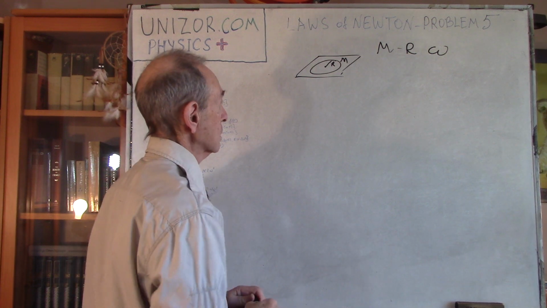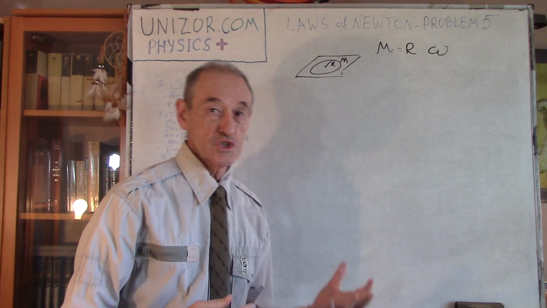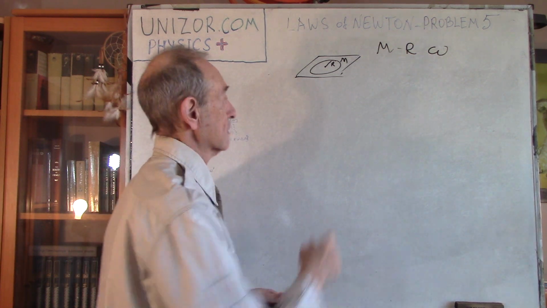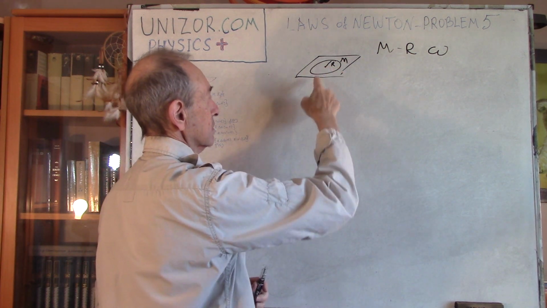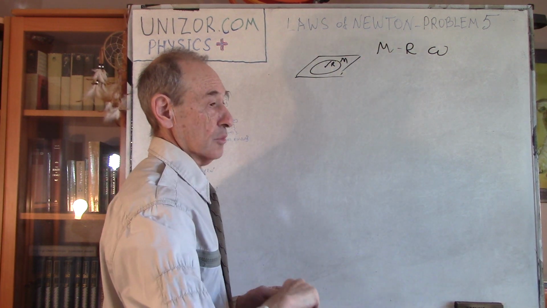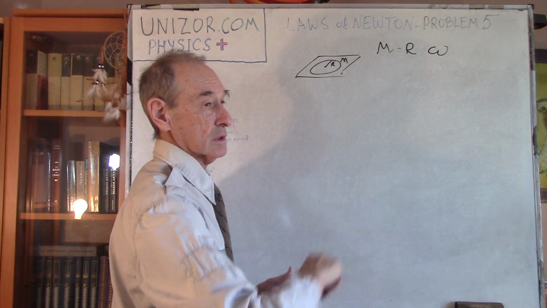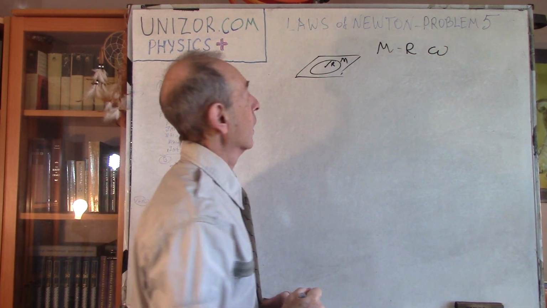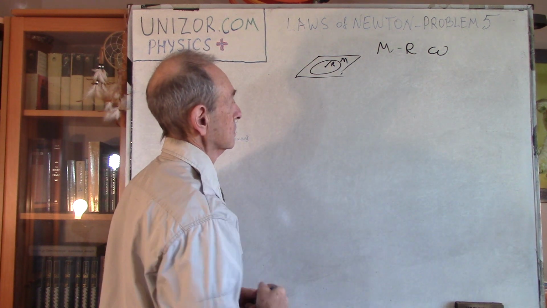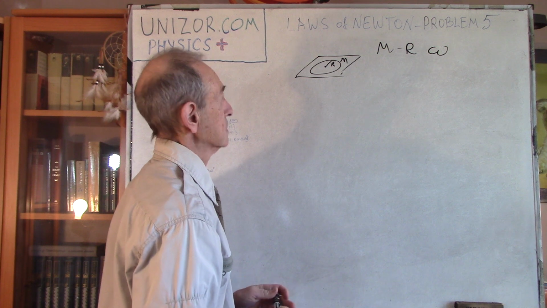Obviously there is a force which keeps it on the orbit, because if there were no force between the center of this circle and the object of mass m, it would just fly away along some tangential trajectory, a straight line.